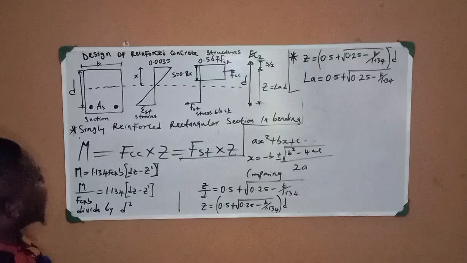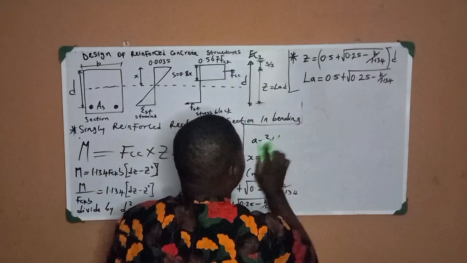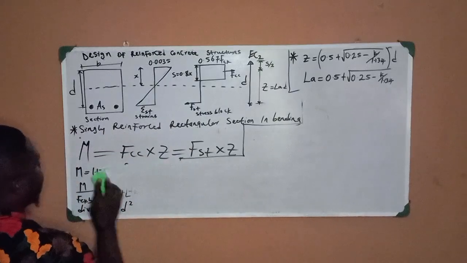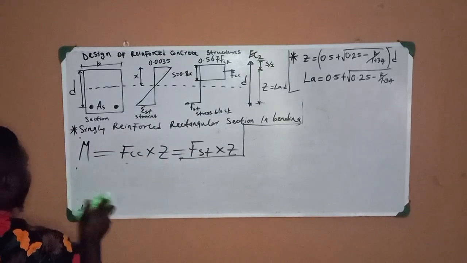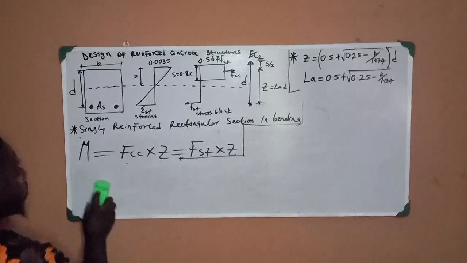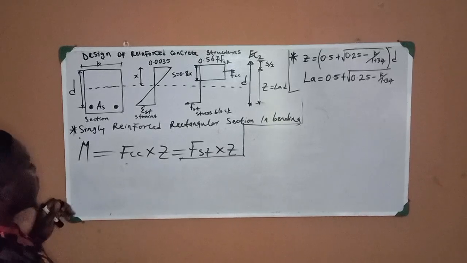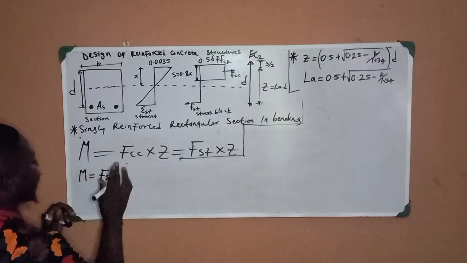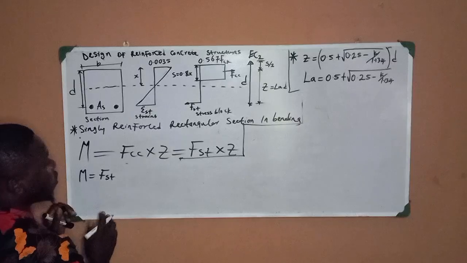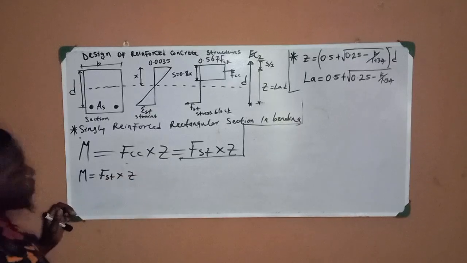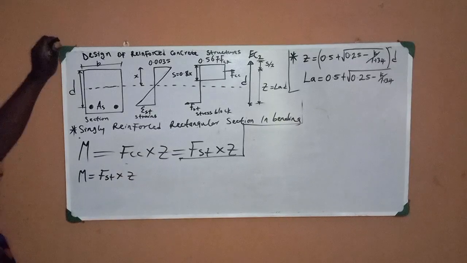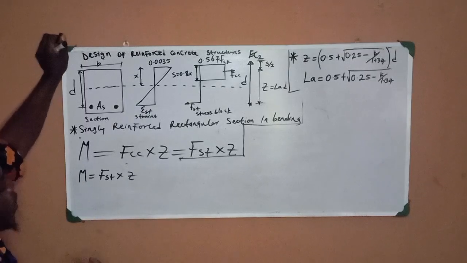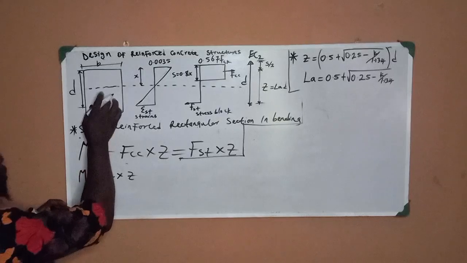So the moment, looking at it from the tension zone, is equal to Fst, force in the tension zone, multiplied by your z. Now, this force is stress multiplied by your area. You already have your area of steel here.